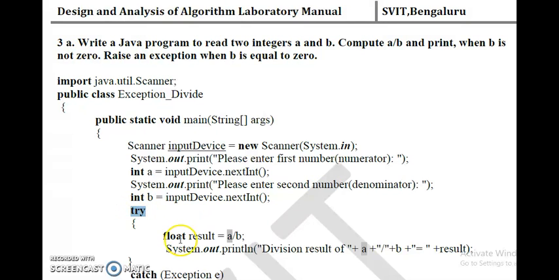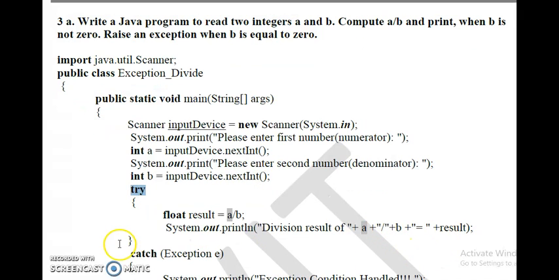Within the try block, I'll write the computation statement, float result = a / b, which computes a and b and stores the quotient value in the result variable. And once it is computed, we also print the result, System.out.println, division result of a by b is equal to the result value. End the try block. That's all about the code inside the try block.